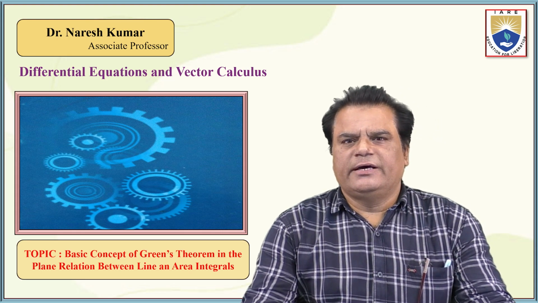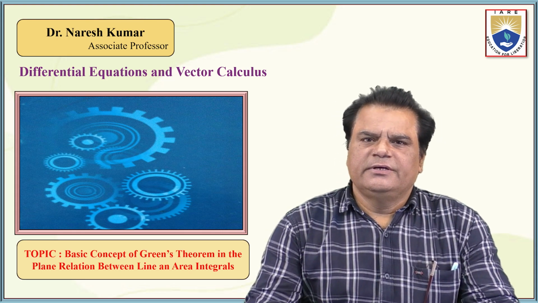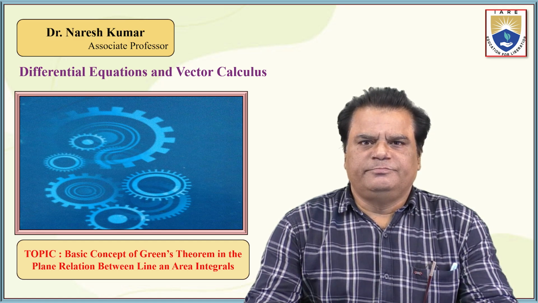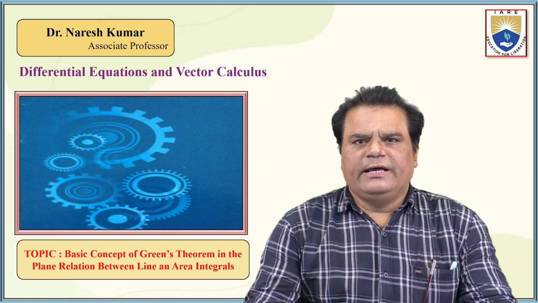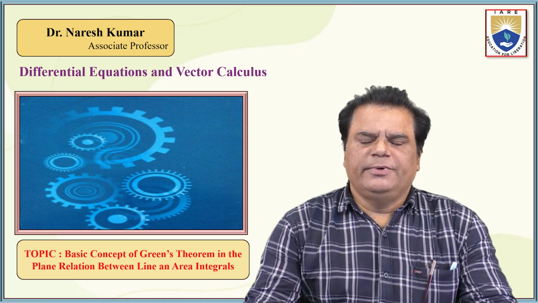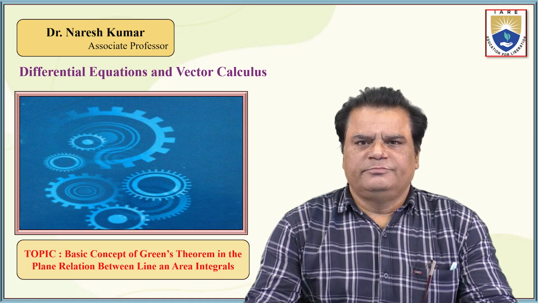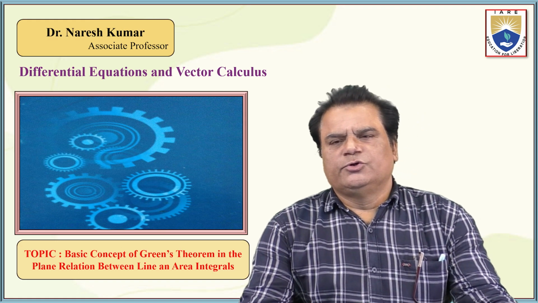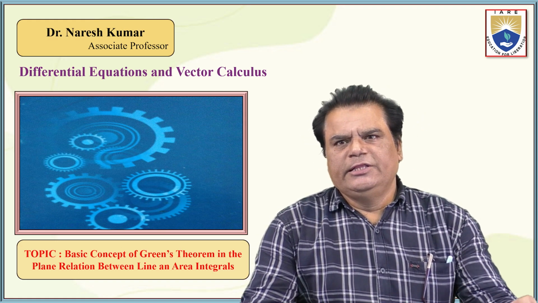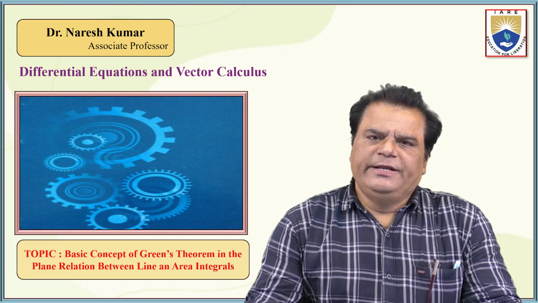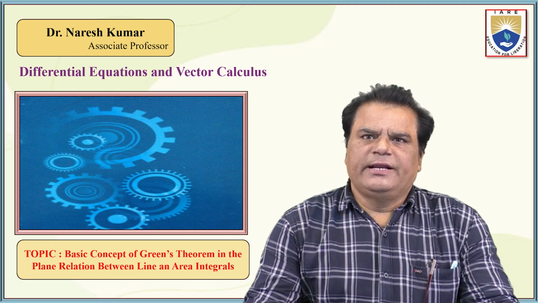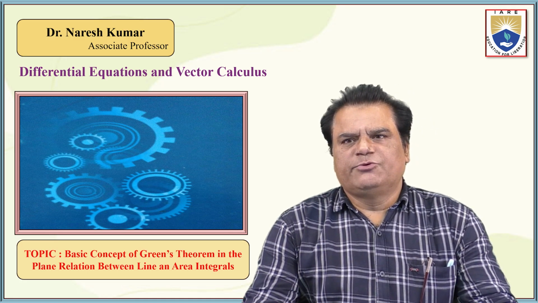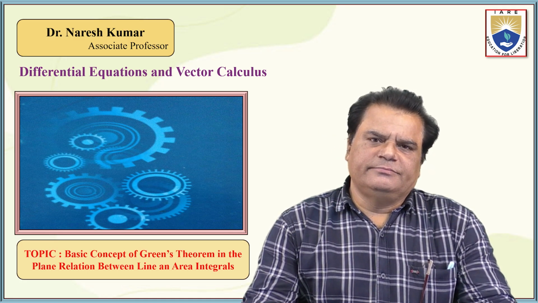Today in this lecture, I am going to discuss a basic concept of Green's theorem. How we can apply Green's theorem in our problem in the plane. So basically in Green's theorem we discuss a relation between line integral and area integral.